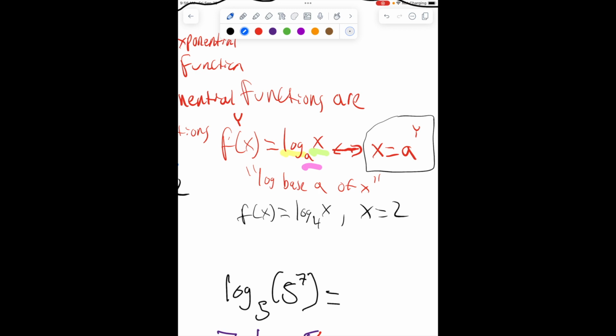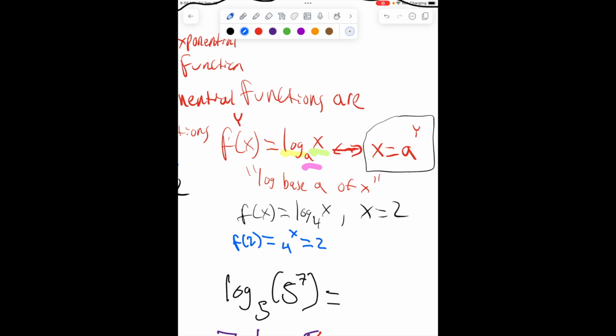Here I'm looking at log base 4 of x when x is 2. So again, if I were to plug that in, I like to change it into the exponent form. So it would be 4 to what power gives me 2.